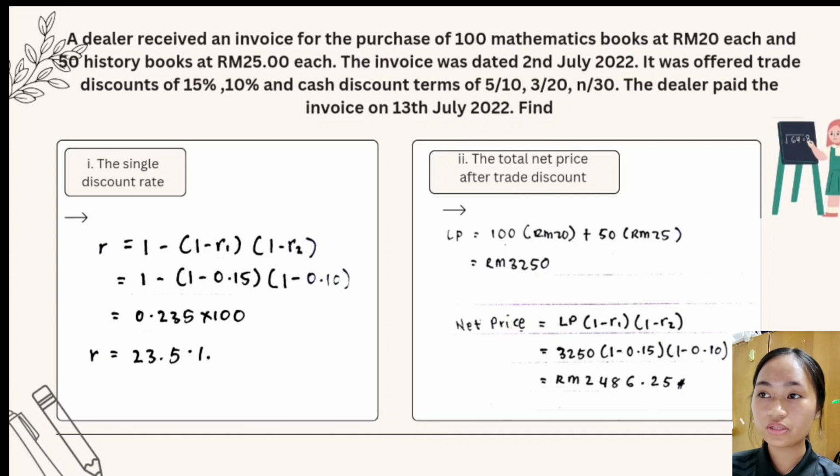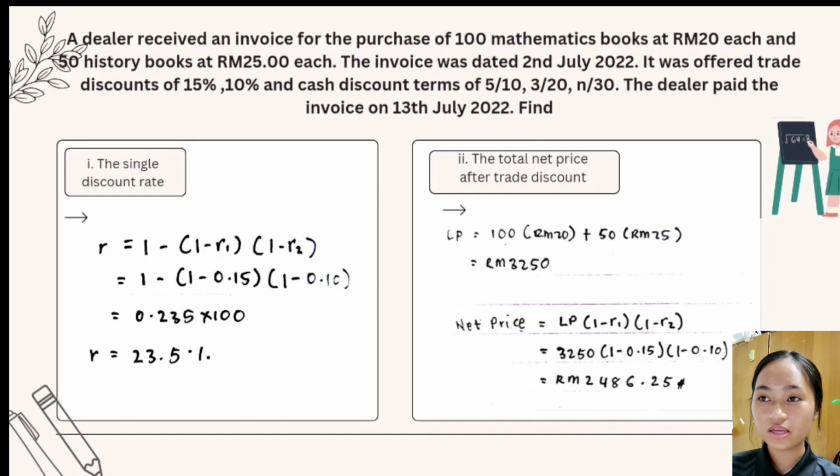So R equals 1 minus (1 minus 0.15) multiplied by (1 minus 0.10). The answer we get is 0.235. Then we multiply it by 100 to get the percent of the discount. So the single rate equivalent is 23.5%.